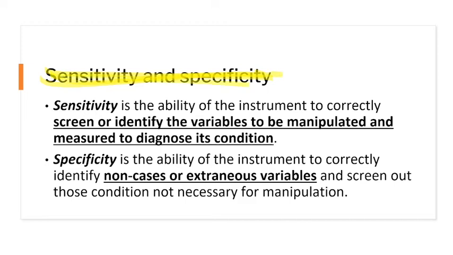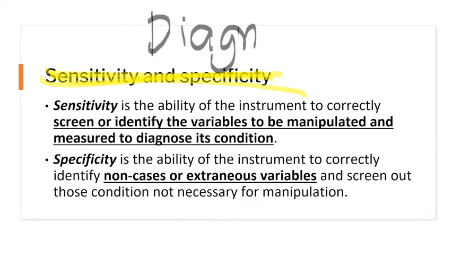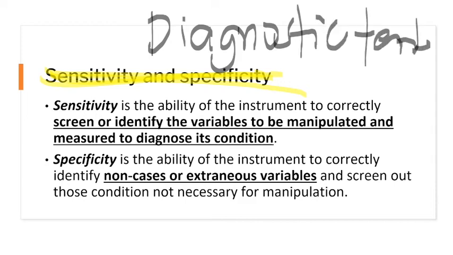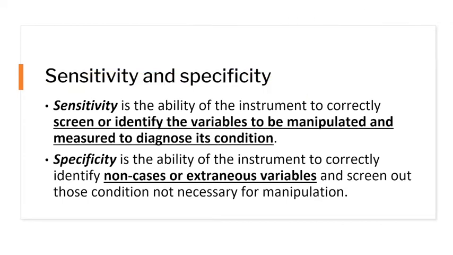The terms sensitivity and specificity, dear researchers, are best used if we're talking about diagnostic tests. So guys, when I talk about sensitivity and specificity, this is oftentimes used as a measure for diagnostic tests.